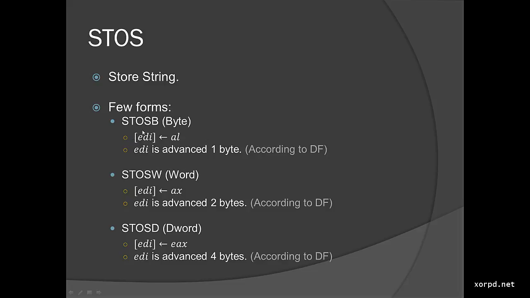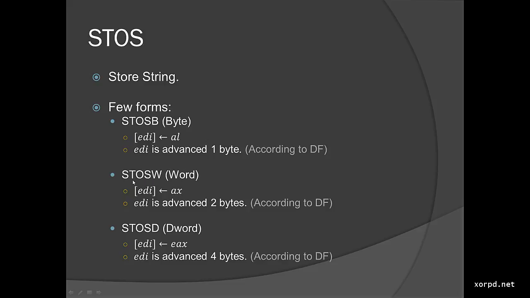I want to emphasize that this is a data copy of size 1 byte, which means that we copy the value of AL into the memory location at EDI. And don't worry about what we see here in parentheses. I'm going to talk about it soon.